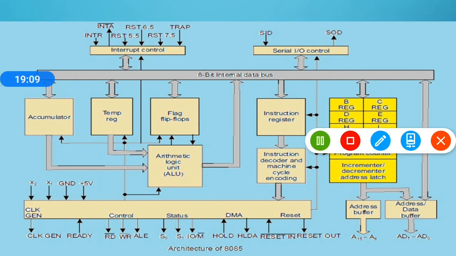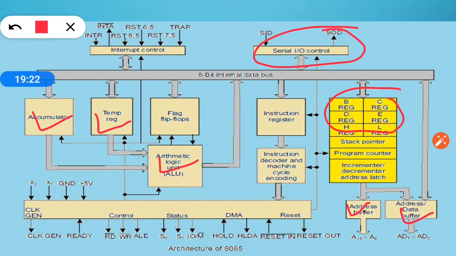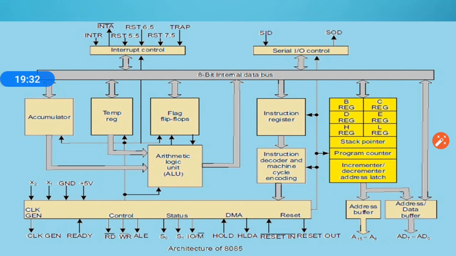Okay, so now you have got the idea of accumulator, temporary register, arithmetic logic unit, address buffer, address and data buffer, and then general purpose registers, serial IO control, right. So now the remaining thing which is important here is the program counter, and I will explain the role of the program counter.